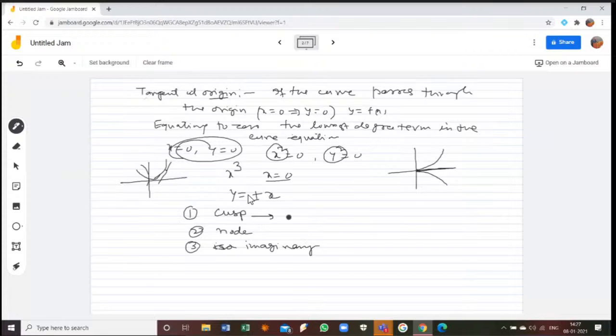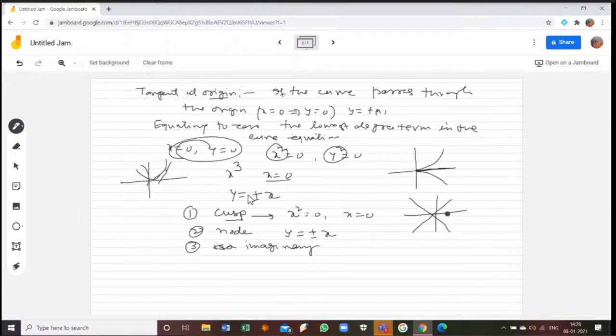In a cusp, the tangents are equal. Suppose x square equal to 0, it means that both tangents are equal. Then there is a cusp. But if the tangents are real and distinct, like y is equal to plus minus x, then there is a node at the origin. What will be the shape of the node? Because these are 2 different tangents, one is this one and the second is this one.